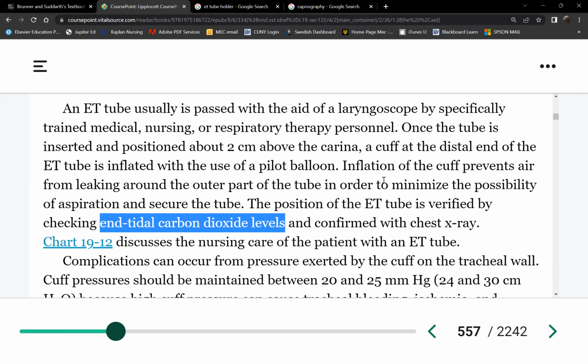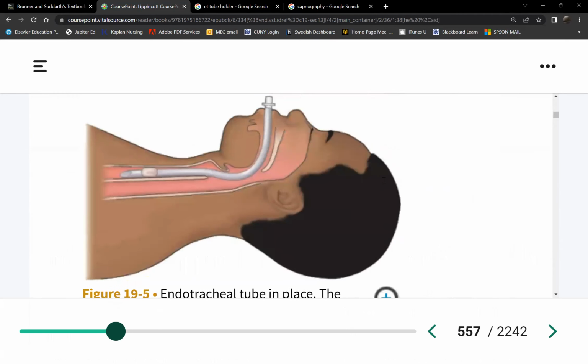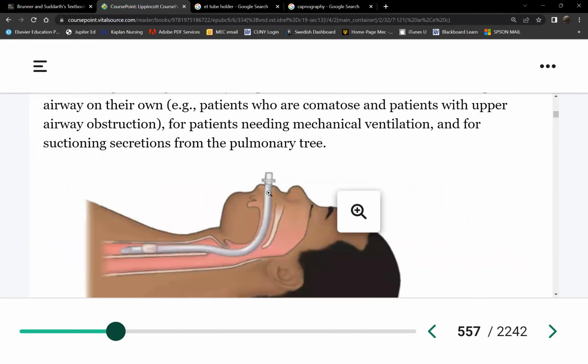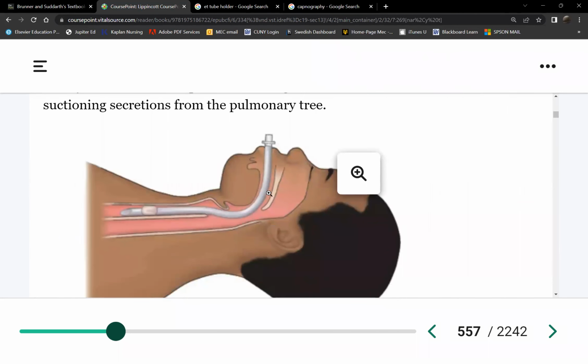Reposition. The radiologist will give the respiratory therapist or anybody instruction. The X-ray result will say where the tube is, and then it will give a recommendation. There are numbers on the tube, and the radiologist will tell you exactly how many millimeters to push it or pull it.